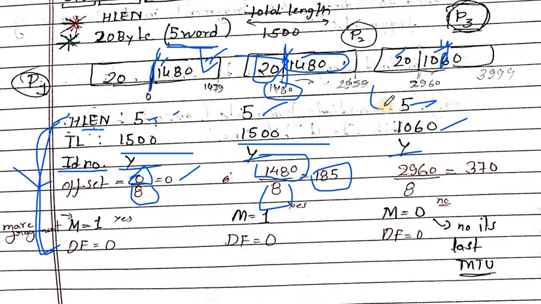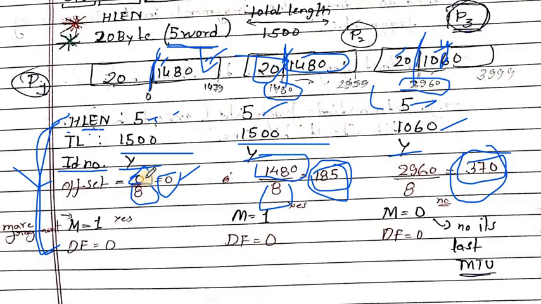Now in the next packet the starting index value of the payload is 2960, and we divide it by 8 too. So here the offset value is 370. Here we see the offset value is 0, then 185, and then 370.